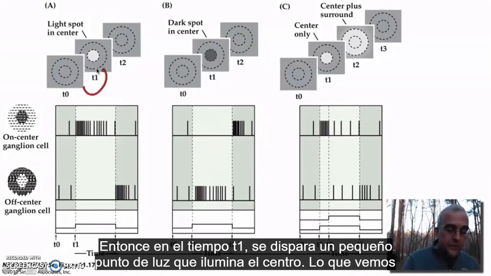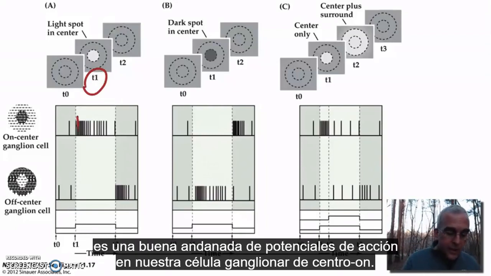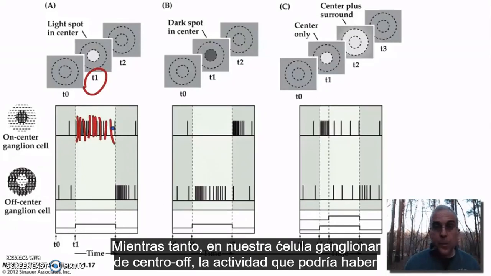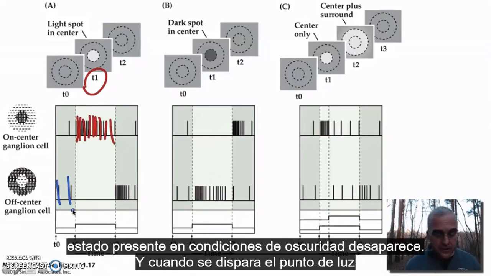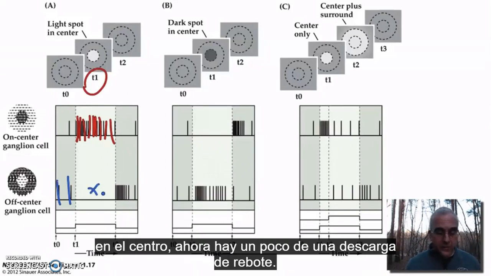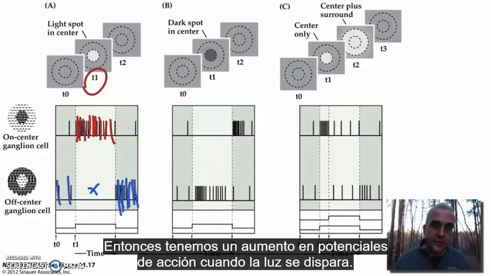So at time t1, a spot of light goes off that illuminates the center, and what we see is a nice barrage of action potentials in our on-center ganglion cell. Meanwhile, in our off-center ganglion cell, what activity might have been present in the dark condition goes away. And when the spot of light in the center goes off, now there's a bit of a rebound discharge. So we have an increase in action potentials when the light goes off.